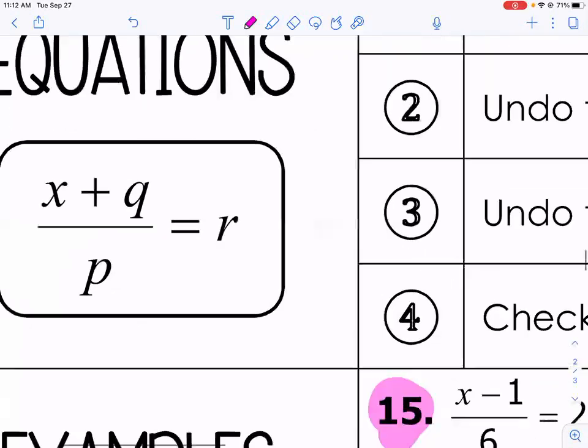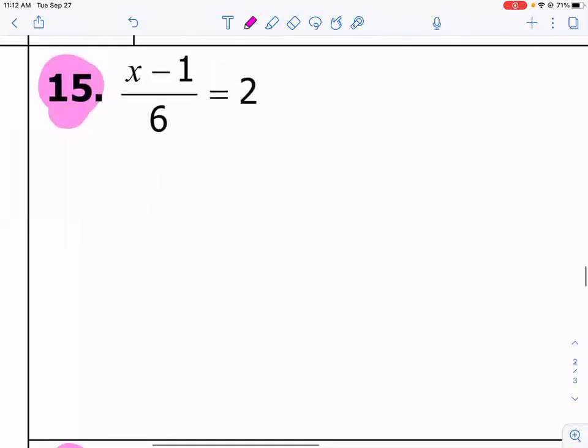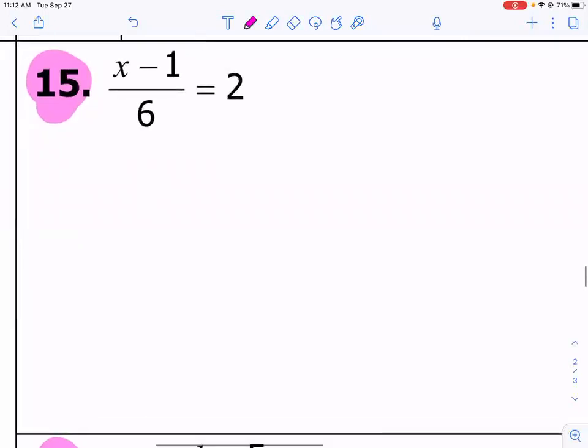Okay, so I want you to look at number 15. I'm going to go ahead and box my X. Now, would you agree that in this scenario, 1 is now closer to X than 6 is? Okay, because X minus 1, all of it is being divided by 6.